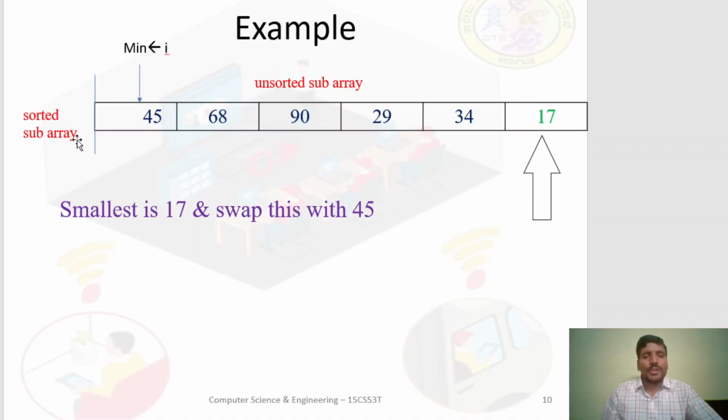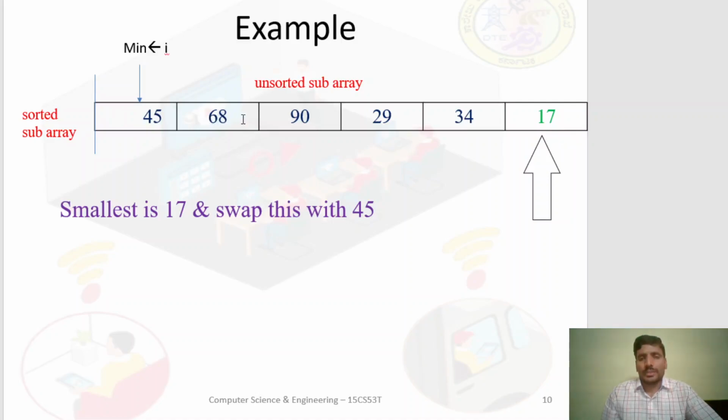So this part we are taking as the sorted array and this part we are taking as the unsorted array. So as per the algorithm code or logic, first position we are initializing as minimum. Then scan the remaining elements, that is the inner for loop, right?